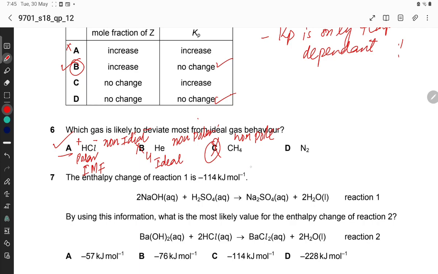But as there are no charges present, the deviation will not be the most.